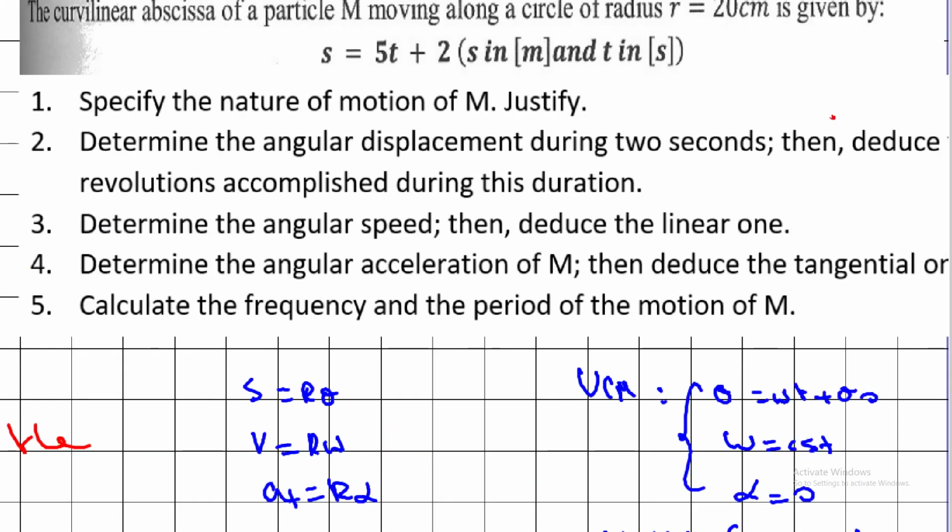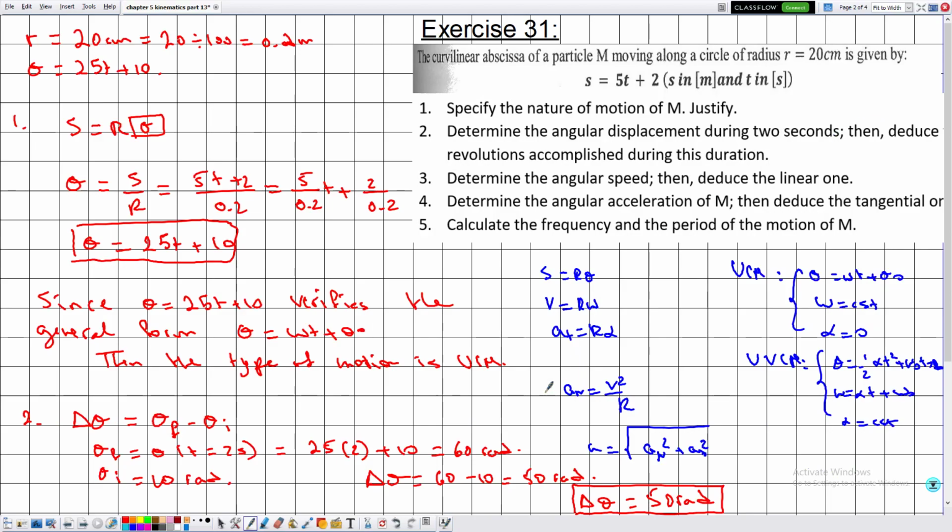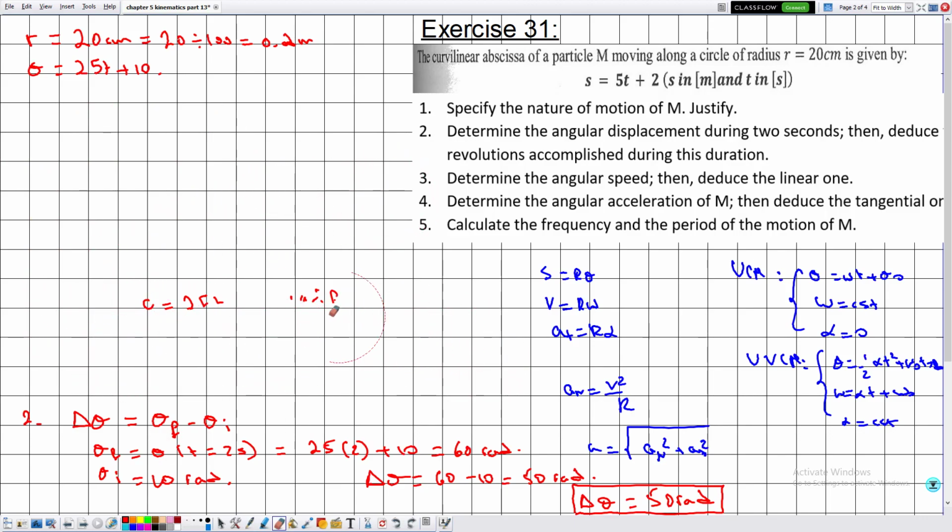Now they are telling me to deduce the revolutions accomplished during this duration. So here the number of revolutions, n, is equal to delta theta divided by 2 pi.